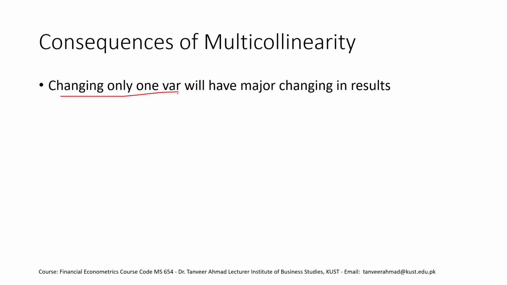So there would be higher changes in the coefficients, their standard errors, their t-values, with just adding or removing one explanatory variable. And also, if we change a single or few values of one independent variable, then the estimators might change by a higher degree. So the estimators are sensitive to change in the data.